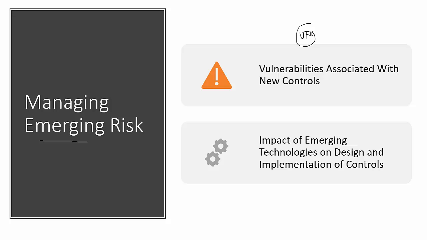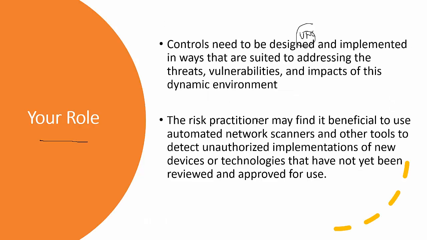So make sure you validate effectively. So what is your role as a risk practitioner? What is your role toward this emerging risk and how do you respond to it? Make sure whatever controls we have are designed in such a manner as to reduce the impact. And as a risk practitioner, we may find it beneficial to use automated network scanners and other tools to detect all kinds of unexpected parameters, which are completely against the deviations.